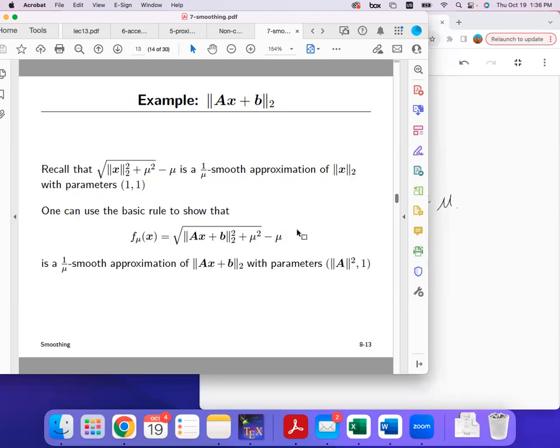Then using that affine transformation rule, we can conclude that this is also a smooth approximation, but with parameter alpha equal to the spectral norm of A to the power of 2. So the approximation depends on the spectrum of this linear transformation.